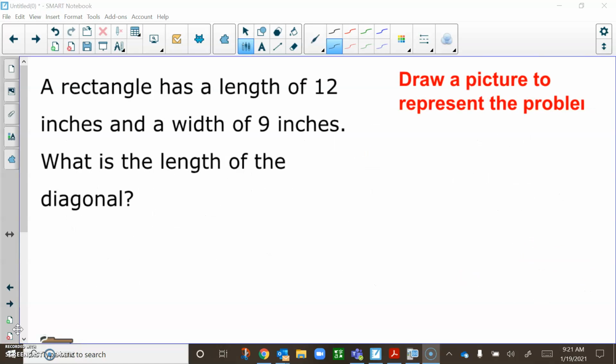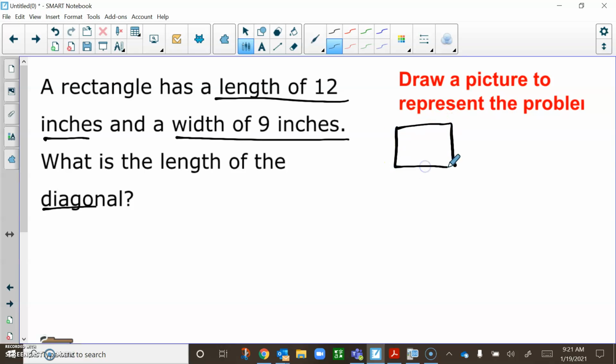Last but not least, a rectangle has a length of 12 inches and a width of 9 inches. What is the length of the diagonal? So I draw my rectangle with the diagonal 12 and 9. A squared plus B squared is equal to C squared.